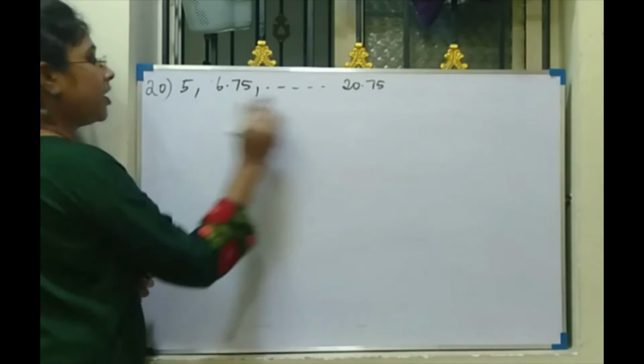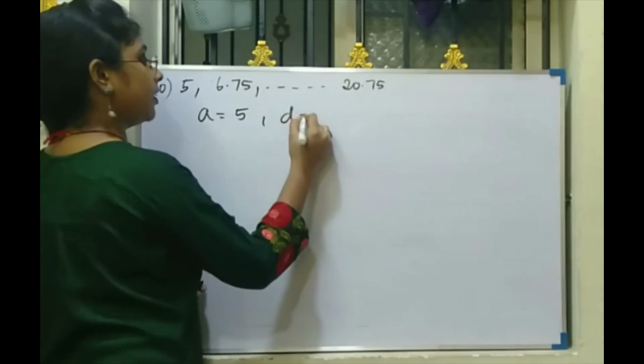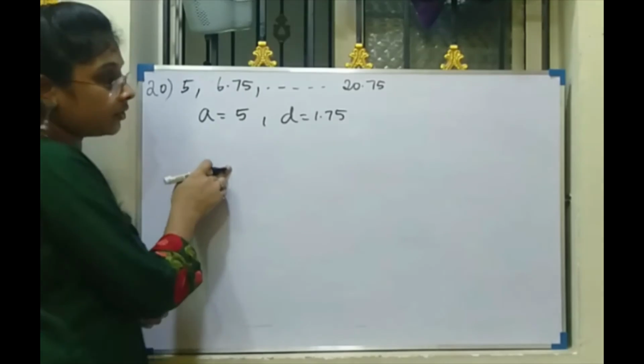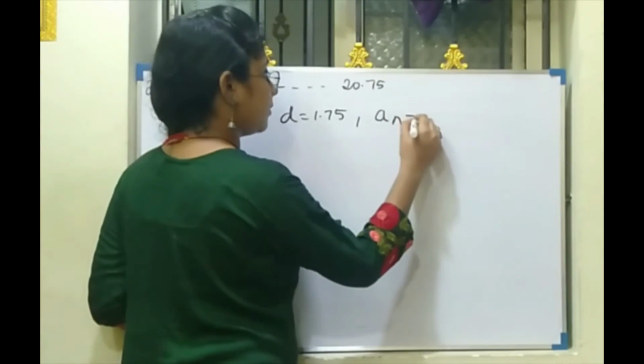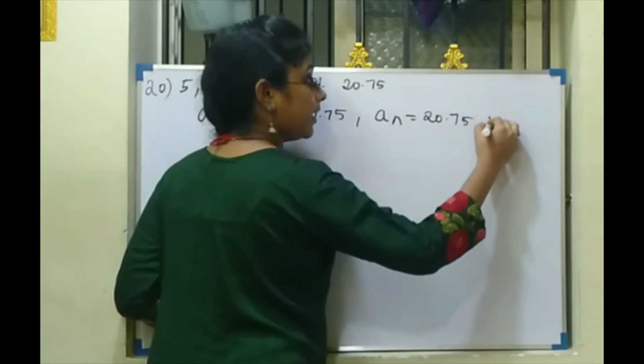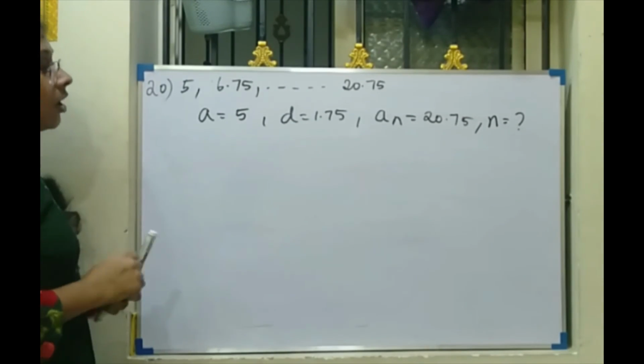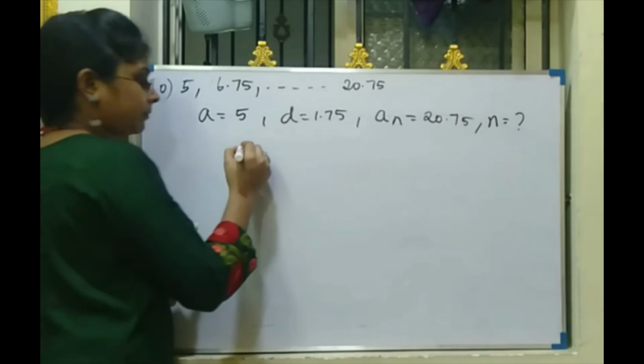So in this given AP, what is my A? It is 5 and D will be 1.75. It is directly given in this question and AN will be 20.75. Now what I have to find? Number of weeks, that is N. Okay, tell me now what is the formula for AN?